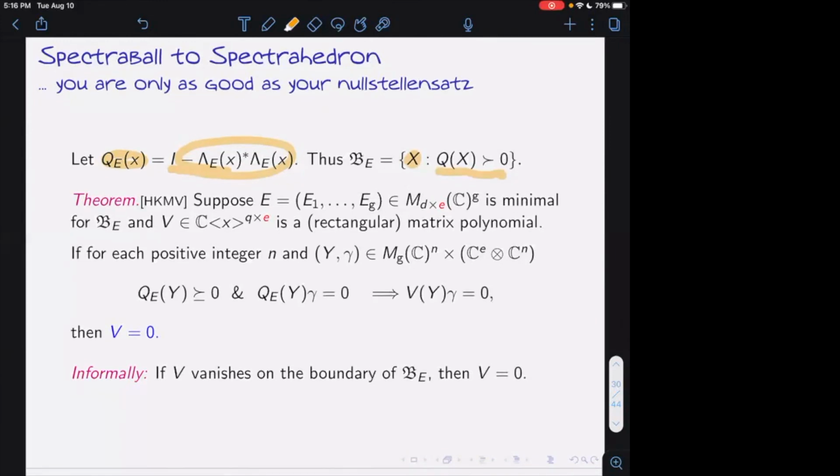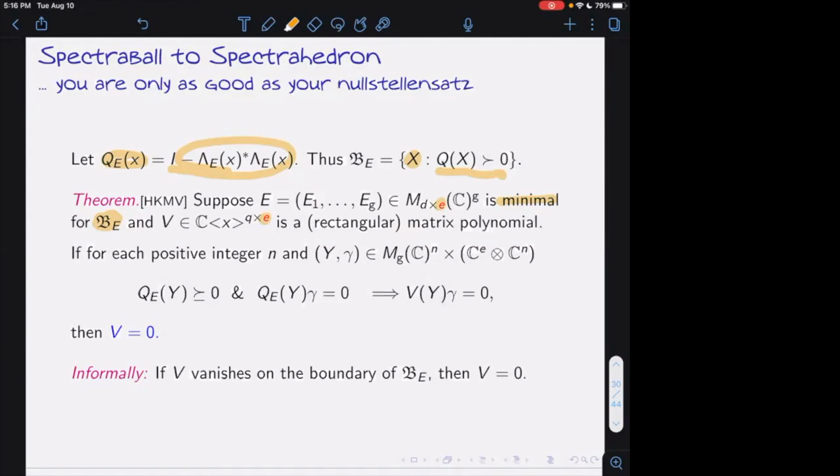And again, we're making some minimality assumption that the tuple E is minimal for the spectral ball BE. And then we have some matrix polynomial.